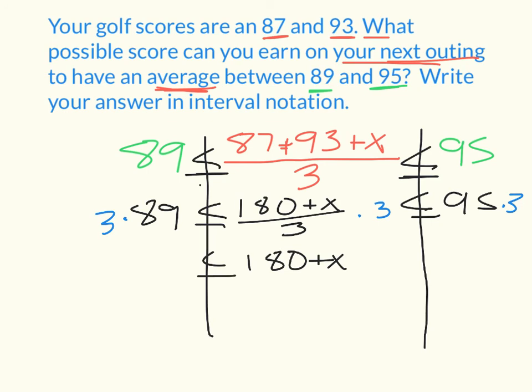89 times 3, so 3 times 9 is 27. Carry the 2. 8 times 3 is 24, 26. So 267. And then 95 times 3, that looks like that's going to be 285. And then we subtract our 180.